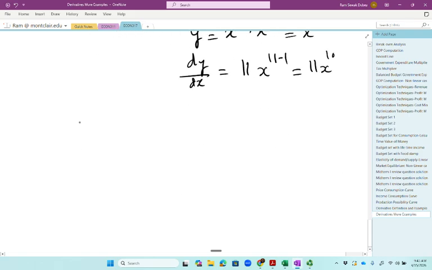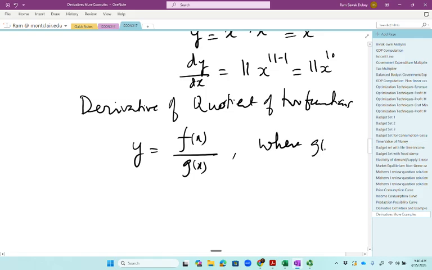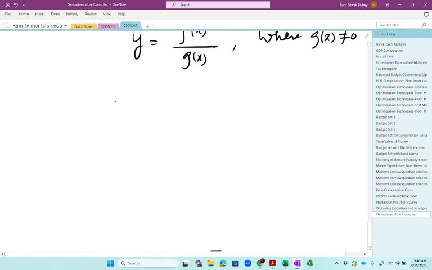One additional rule of differentiation is the derivative of a quotient of two functions. So let's have y equal to f of x over g of x, where we must ensure the quotient is well defined, which means g of x must be non-zero.